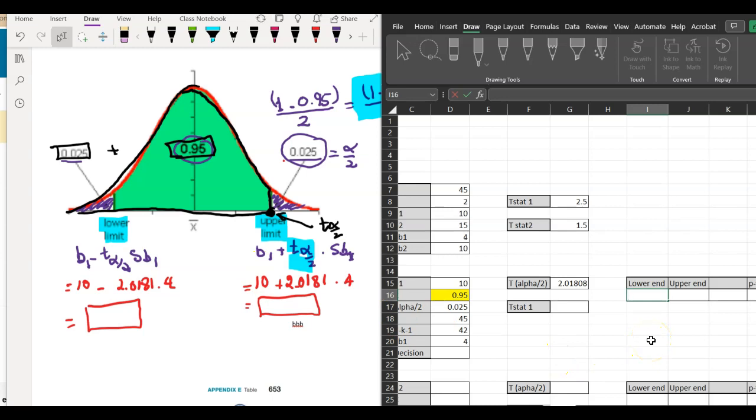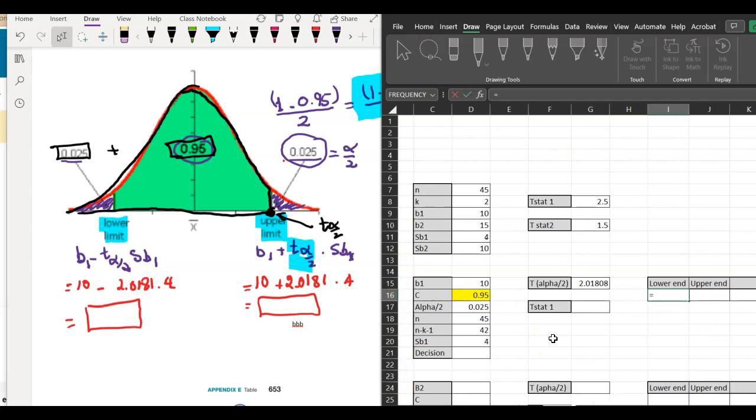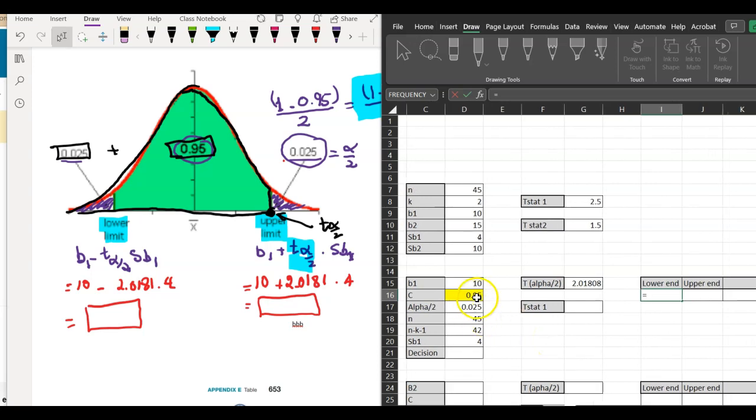So for the lower end, we're going to put equal sign, and we're going to follow this formula, right? So we're going to click on B1, which is this one, minus sign, click on the T alpha over 2, this one, times the SB1, which is 4, and enter. All right, and make sure there is a minus sign in between, right?